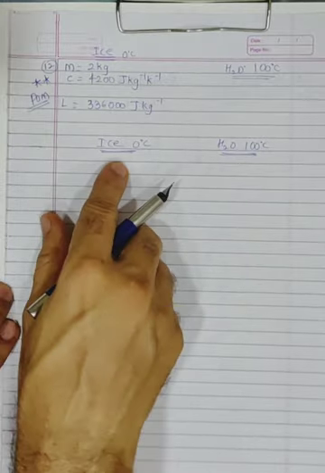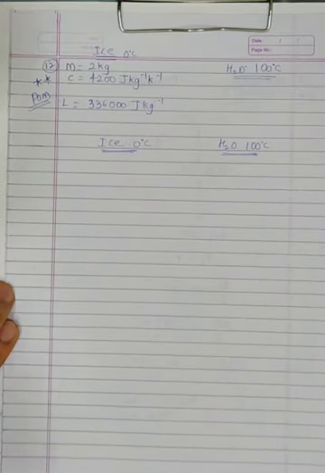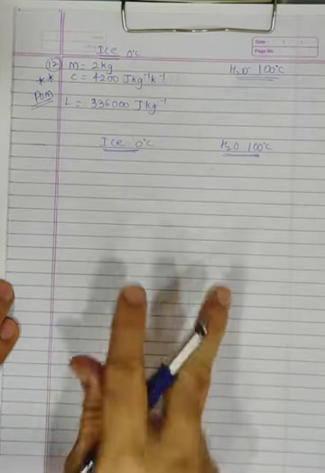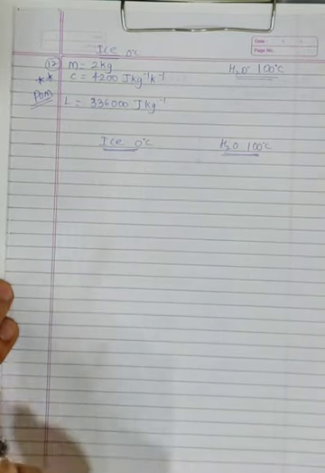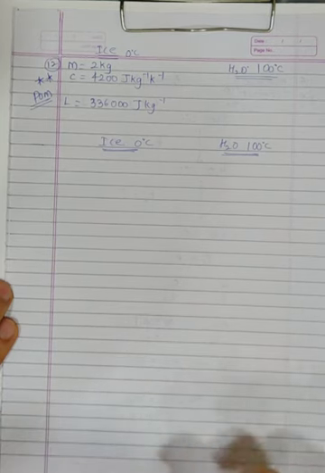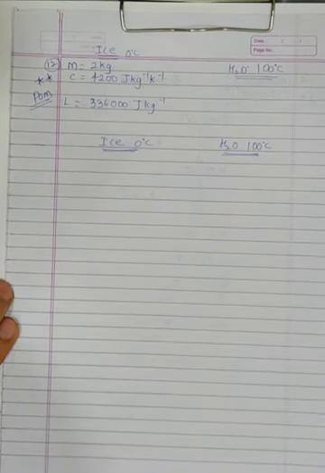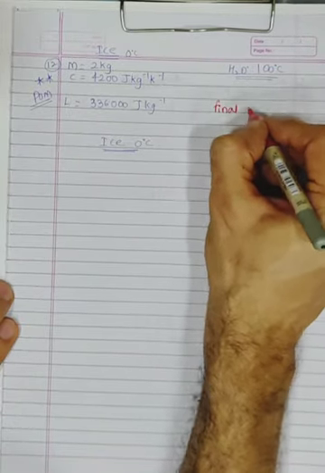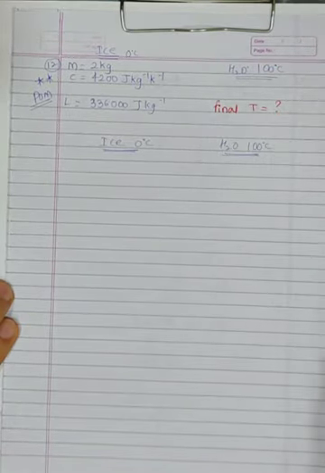Obviously ice will absorb heat, water will lose heat. But the most important question is: what would be the final temperature of this mixture? That's the only catch in the problem. So what would be the final temperature?